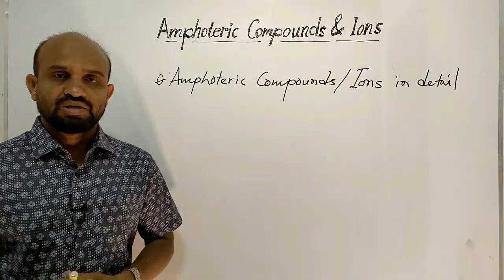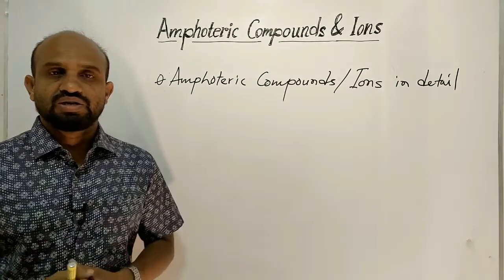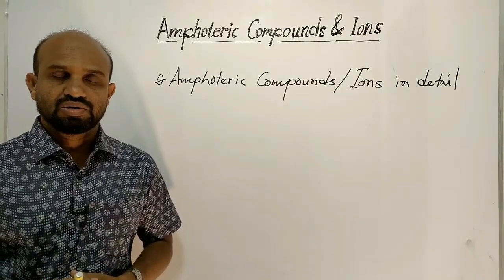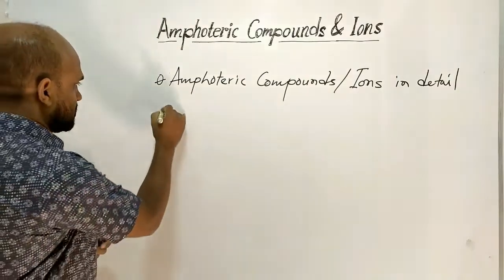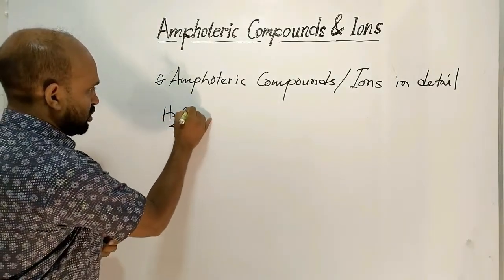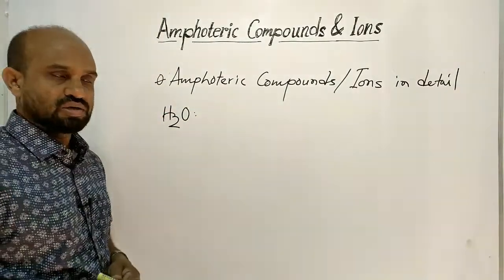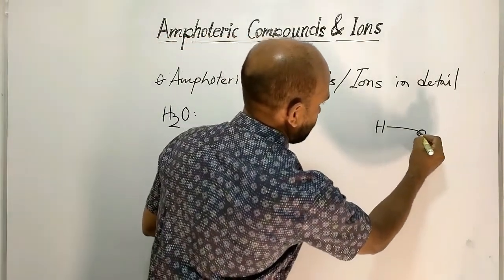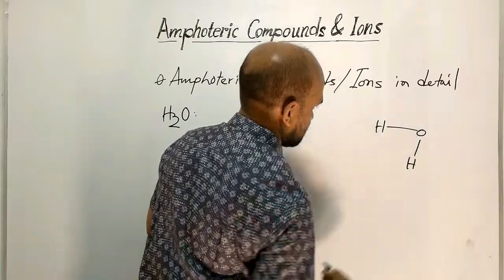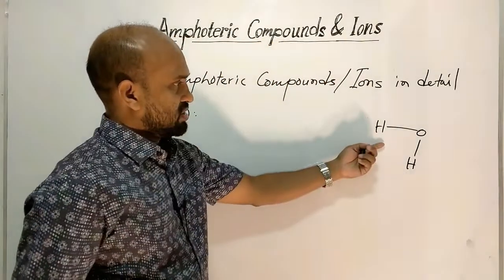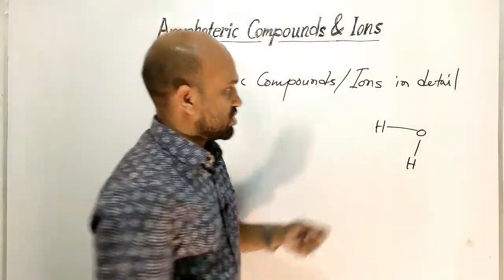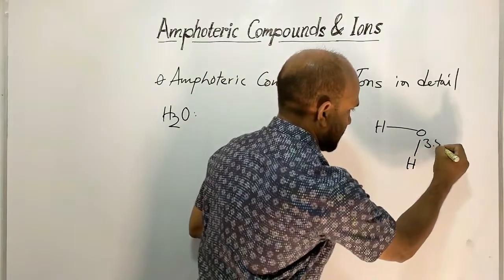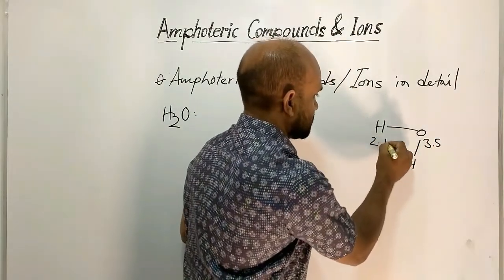First of all, let's see whether water is an amphoteric compound or not. This is the molecular formula of water and this is the structural formula of water. Here the electronegativity of oxygen is 3.5 and hydrogen is 2.1.